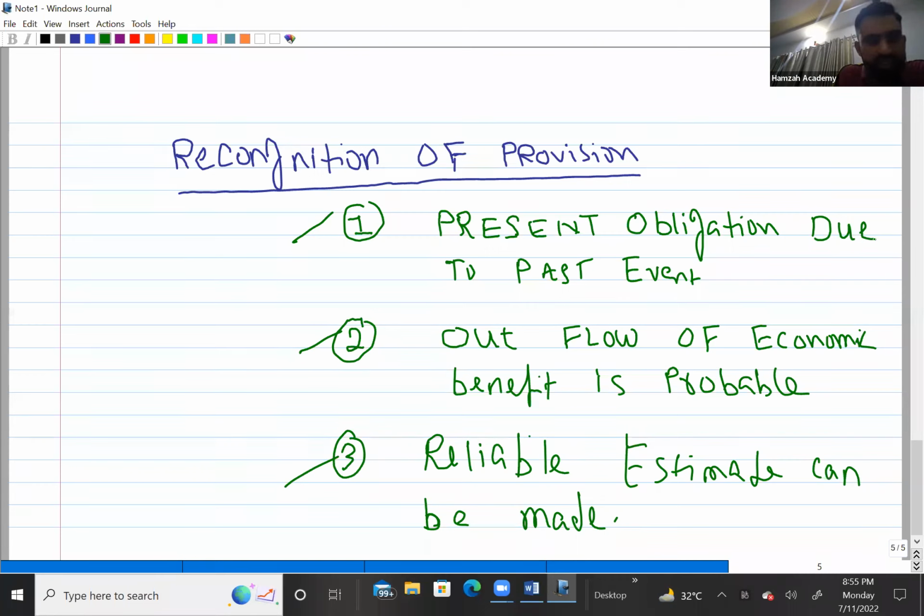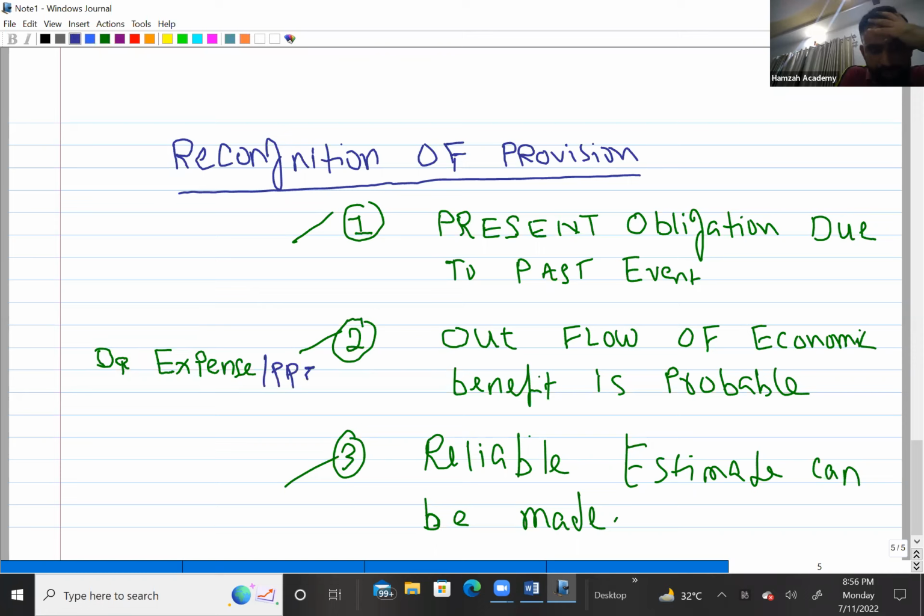And by recognition we mean a double entry can be made in which expense will be debited sometimes.